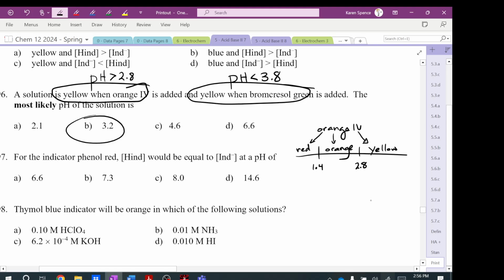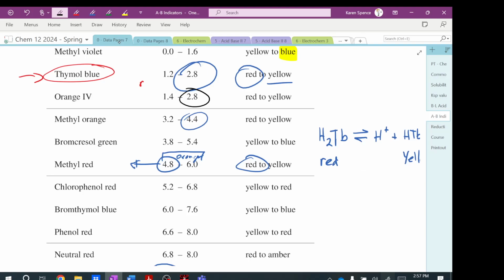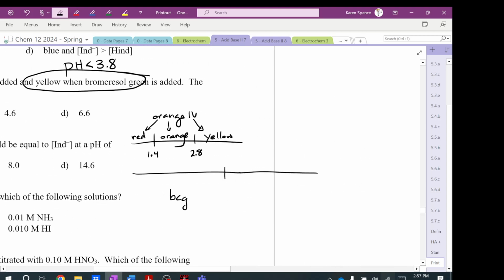Yeah? Now, Brom Cresol green, I'm just going to call it BCG, changes at 3.8 to 5.4, yellow to blue.